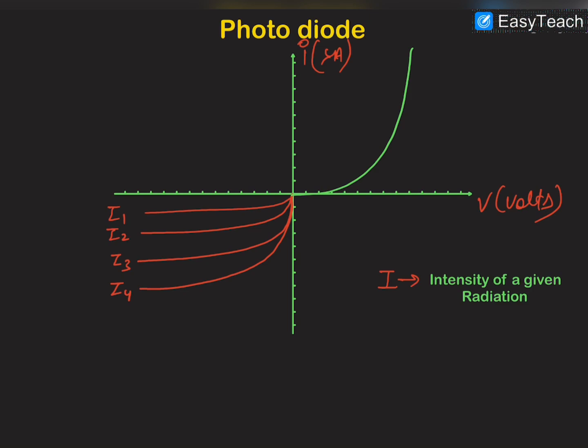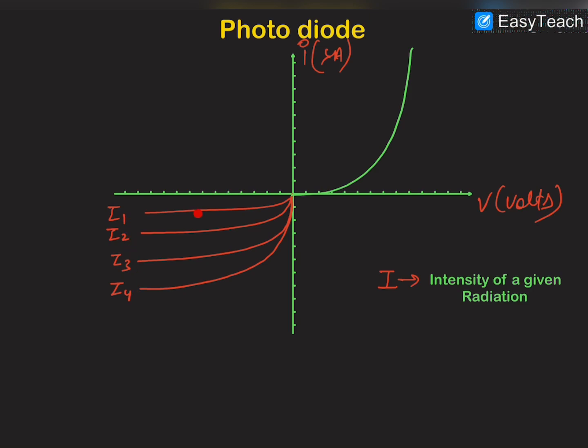But in reverse biasing, the photodiode or any diode is saturated, which means that the current flowing through the diode is very small and almost saturated. The word saturated means that the current is independent of the applied reverse voltage. So if the current is not dependent on the applied reverse voltage, then any change in the reverse saturation current is only due to the change in the intensity of light falling on the diode.